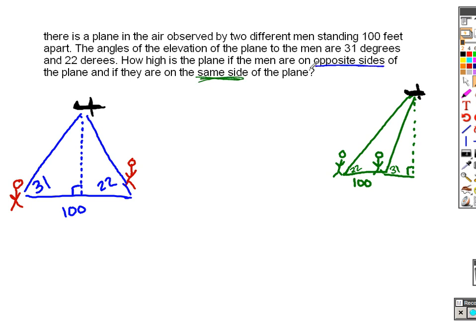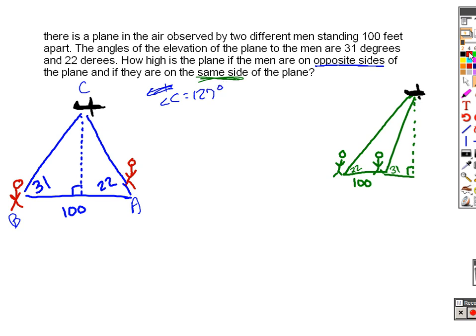We're going to start with the blue triangle, and what can we figure out? Well, if we know the two angles here at the bottom already, that means I can know this angle at the top. Again, let's see if I can name this triangle. We're going to name it A, B, C. It means I can find an angle C, and in this case, angle C will have to be 127 degrees.